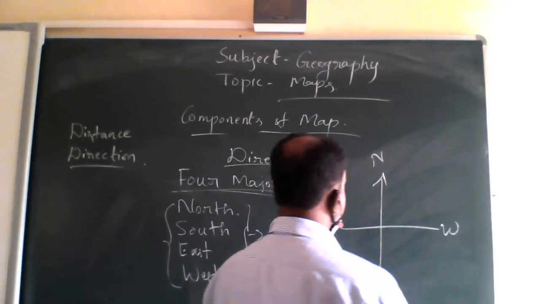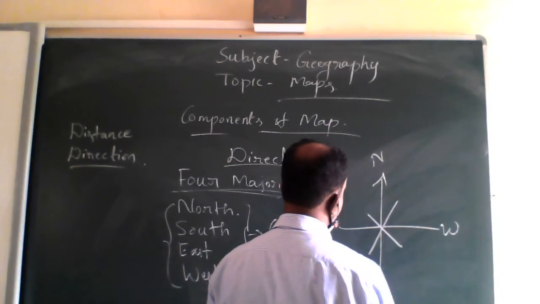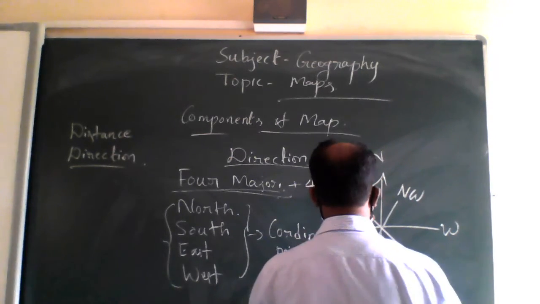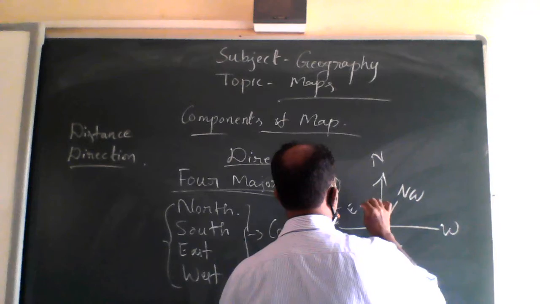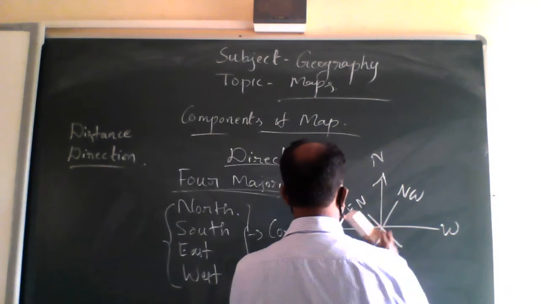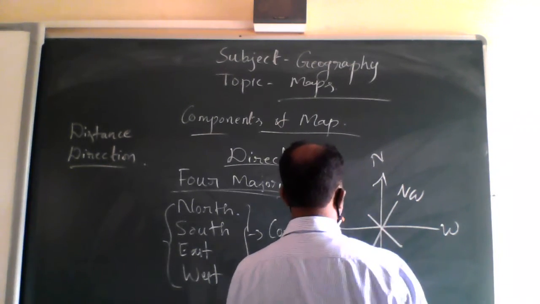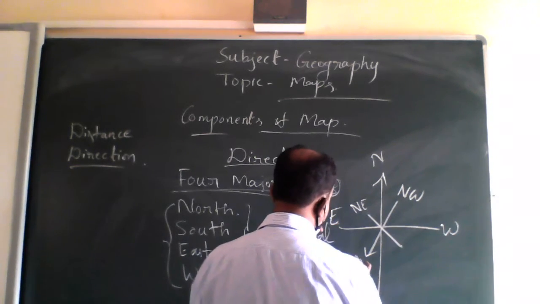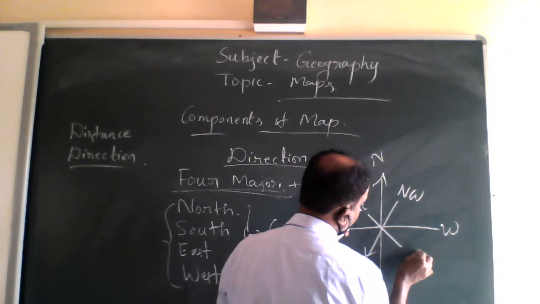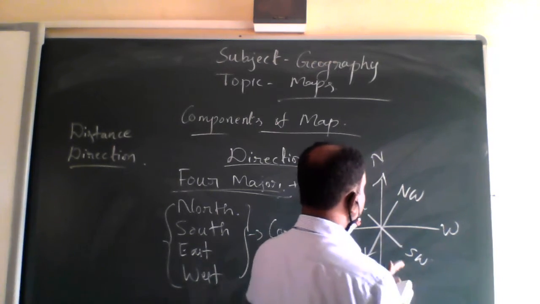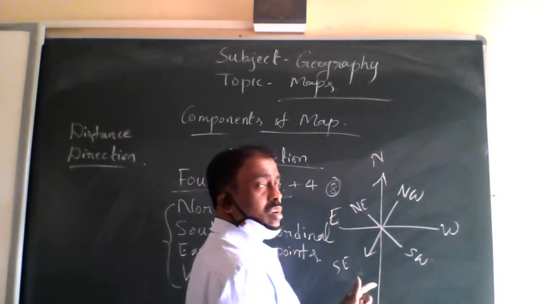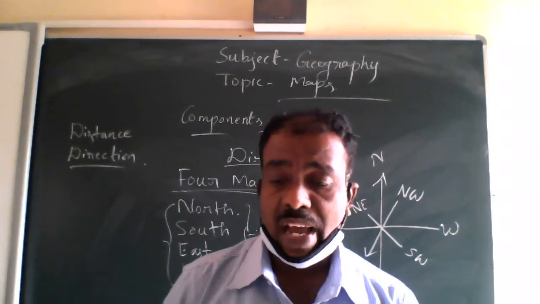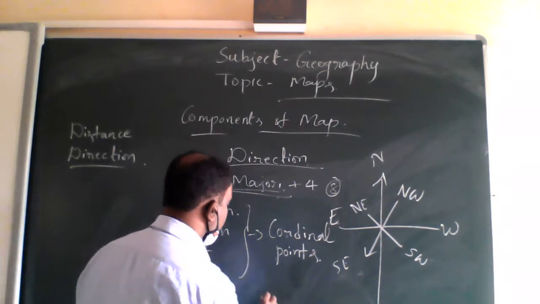This is called NW, that means northwest, and this is called NE, northeast, and this is called southeast, and this is called southwest. And these four are called intermediate directions.